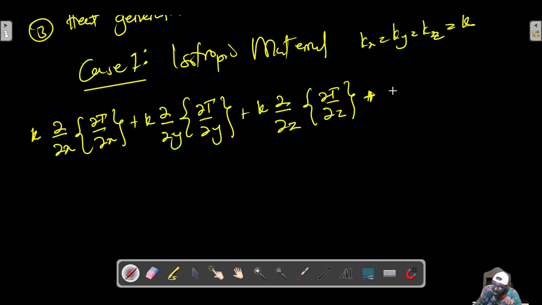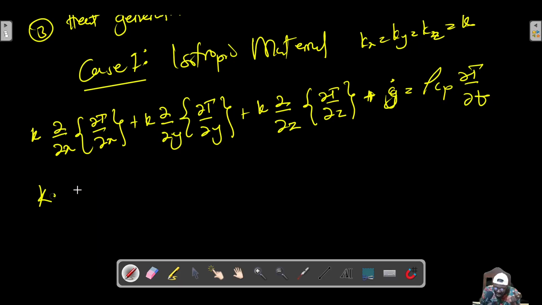Plus my g dot is equal to my ρ Cp ∂T/∂t. So from here, you realize it is a double differential.